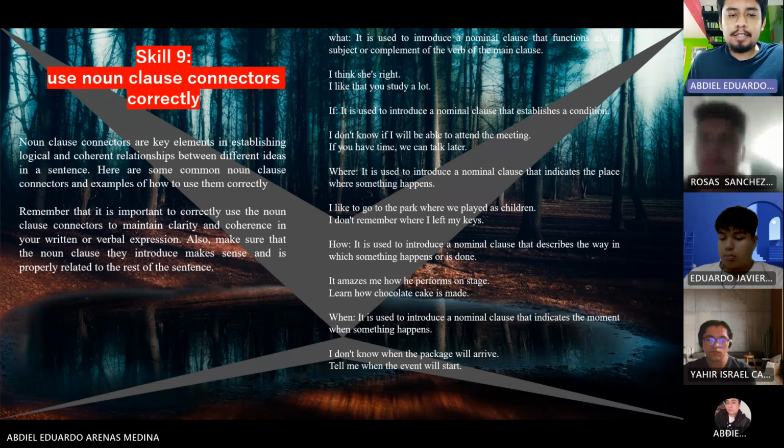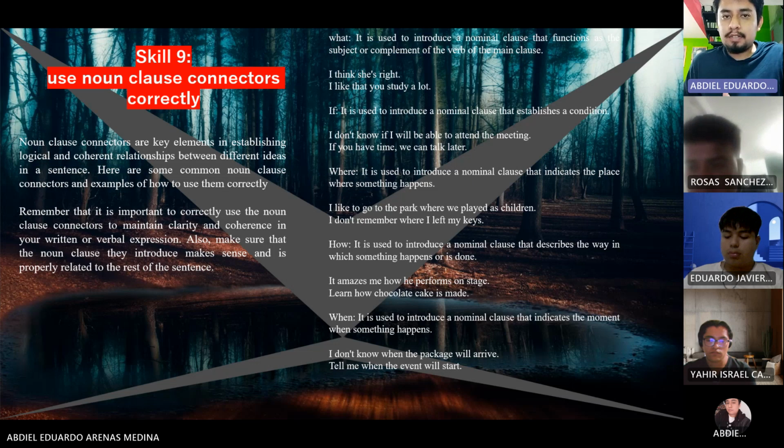Okay, and the next skill is noun clause connectors. Noun clause connectors are elements in establishing logical and coherent relationships between different ideas in the sentences. Here are some common noun clause connectors and examples of how to use them correctly.